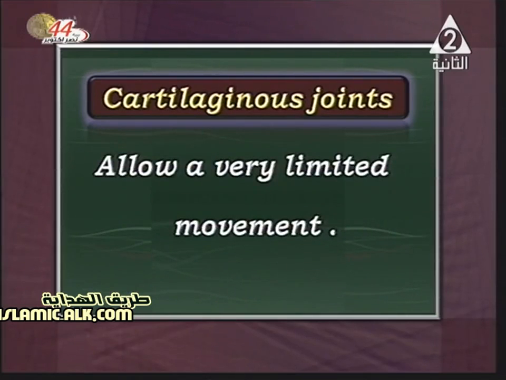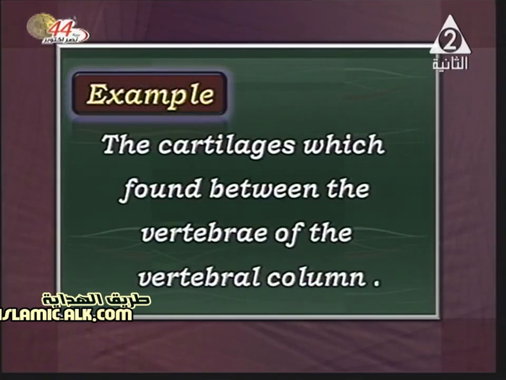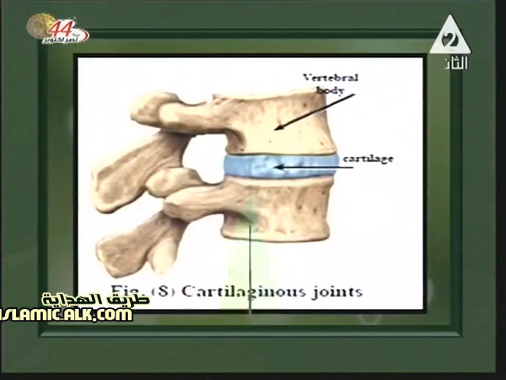Who can think of an example inside your body that allows a limited movement? We said it right now. Yes, the cartilages found between the vertebrae of the vertebral column. We also have a picture for you. This is the second type of joints, called the cartilaginous joint.